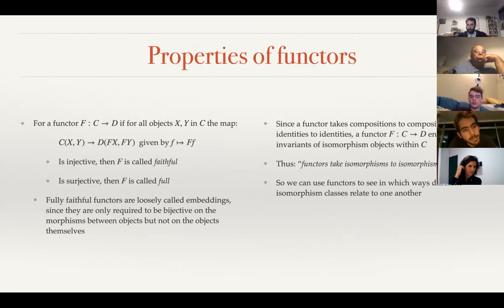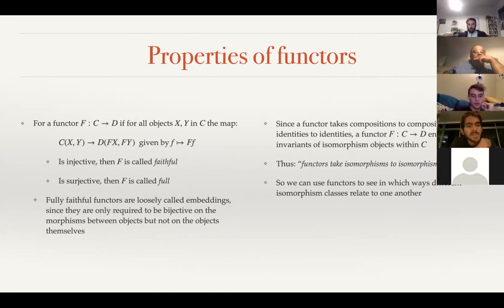Okay, so let's talk about a few properties of functors. If we have a functor F from C to D, then we're going to look at the set map. The notation C of x comma y and D of Fx comma Fy is the set of morphisms in the category C between X and Y. So these are basically the set of functions or morphisms, however you want to talk about them, in these two categories between these points.